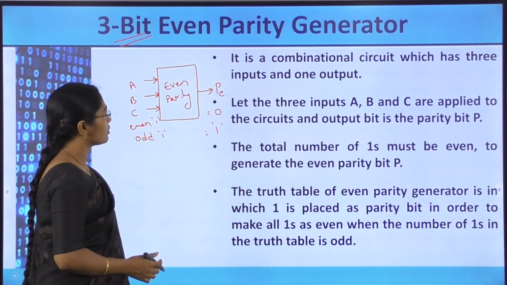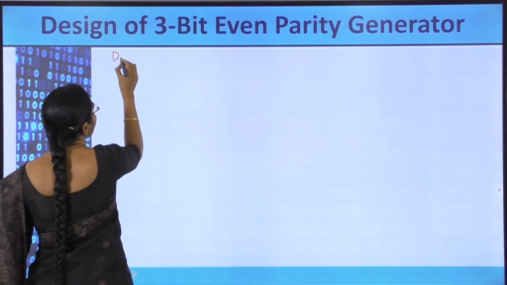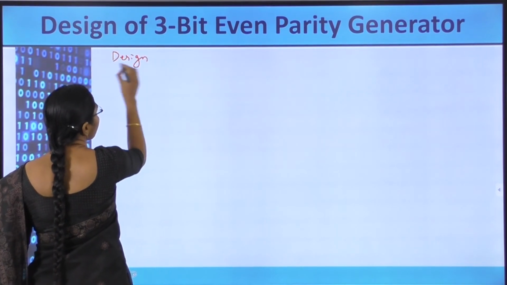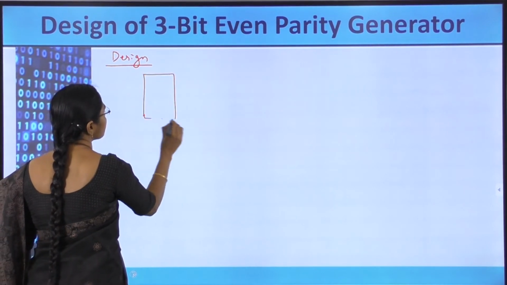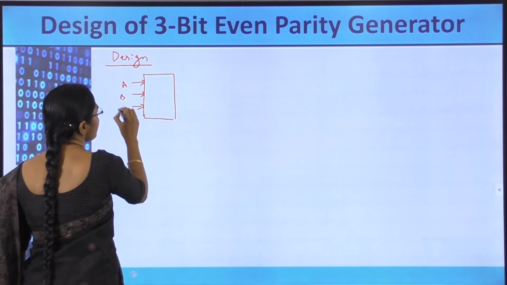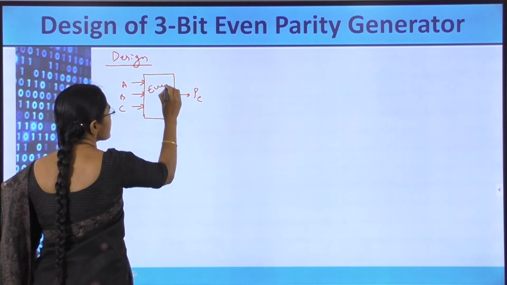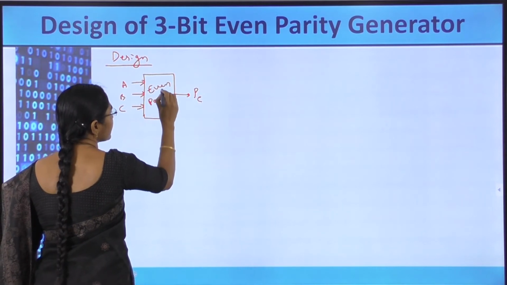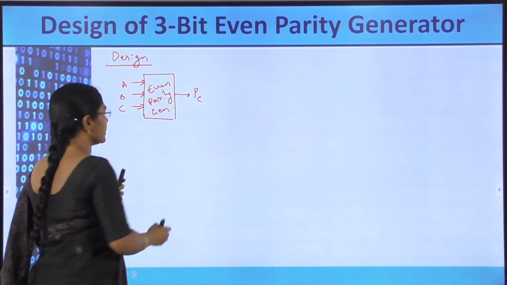Okay, so let's start the design part. Take the 3 input bits A, B, C and give the output as PE, since it is an even parity generator. Then what next?